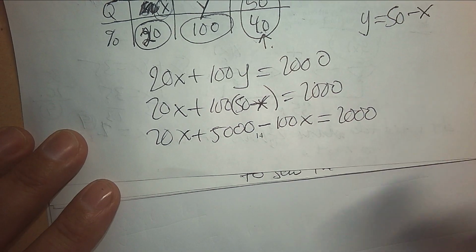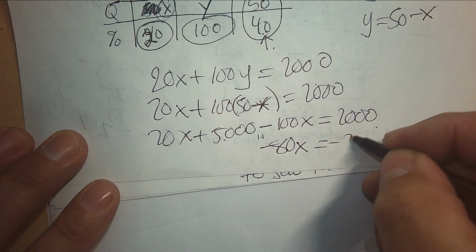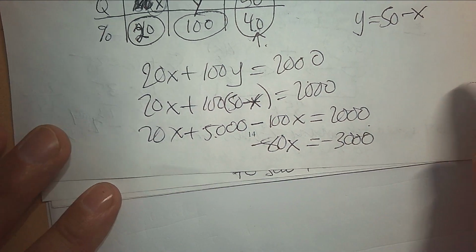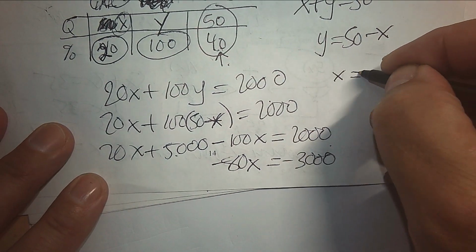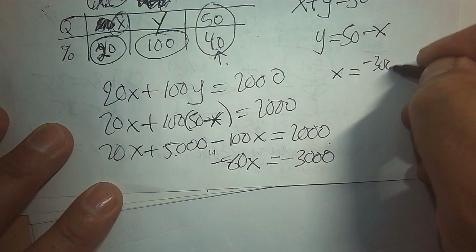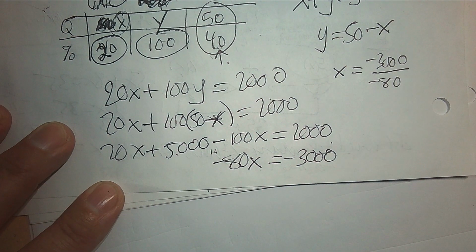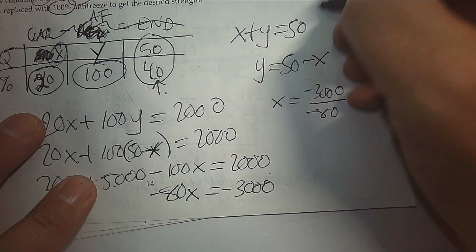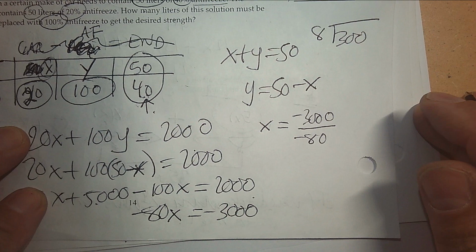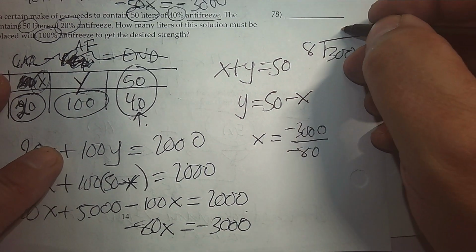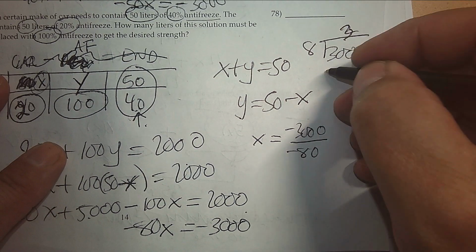Combine like terms and I get negative 80x. Subtract 5,000 and it's negative 3,000. So when I divide, I'm going negative 3,000 divided by negative 80. That means the same as how many 8s are in 300? 3, right? So that's 24.